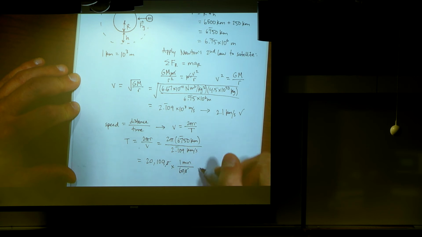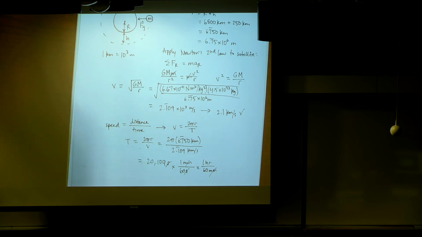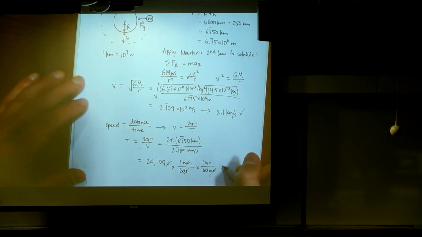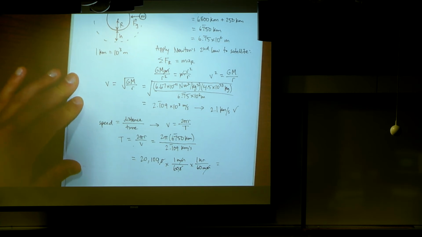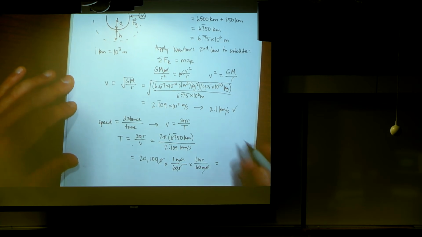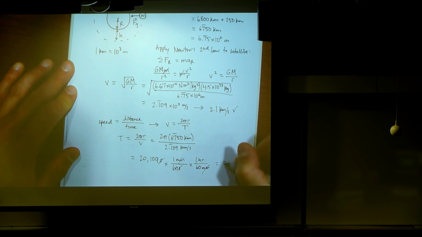Seconds cancel. Every 1 hour, I have 60 minutes. Minutes cancel. So just take 20,109 divided by 60 twice. And what do we have? Yep, so it takes 5.6 hours.